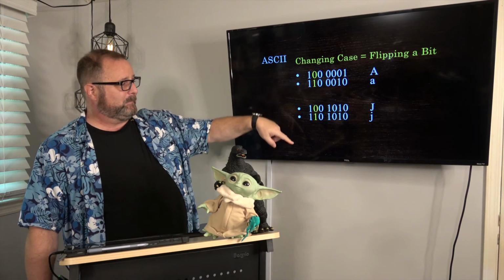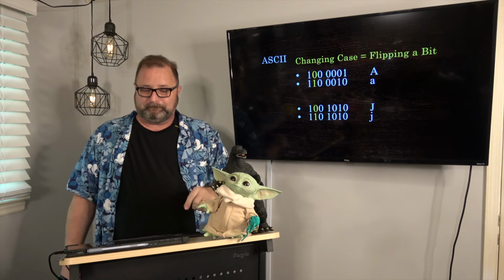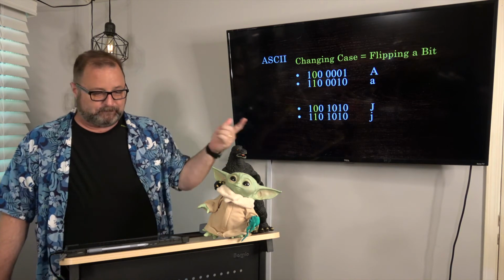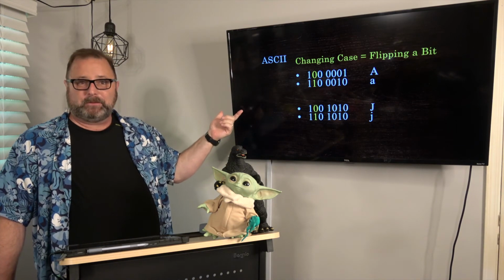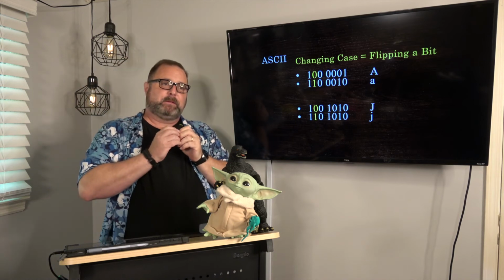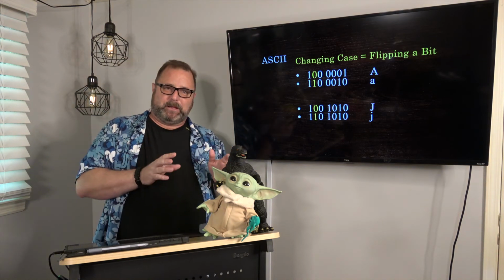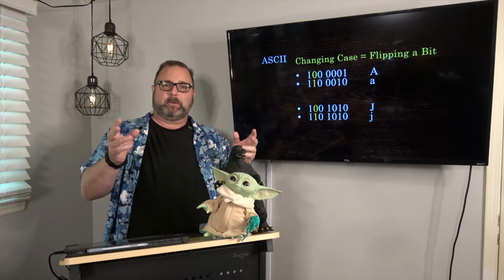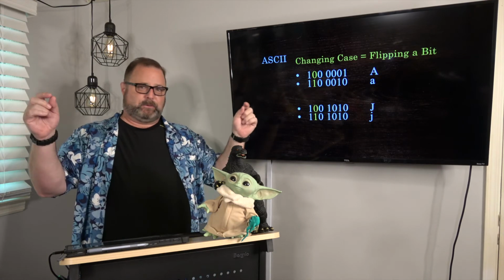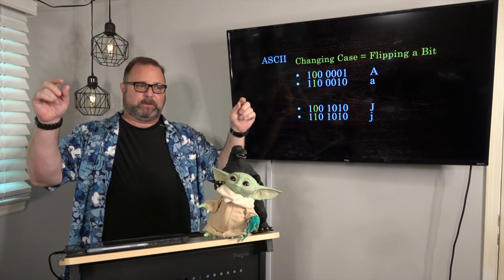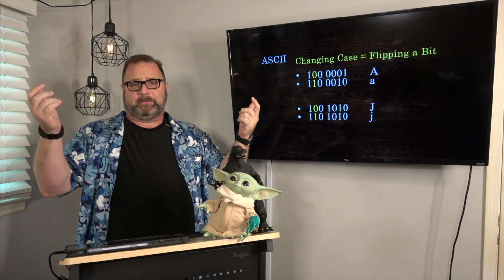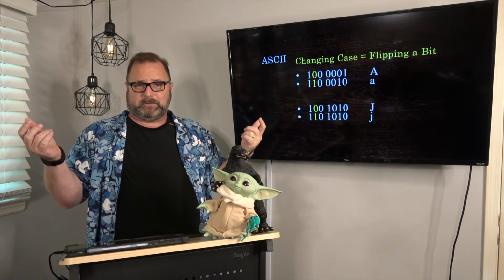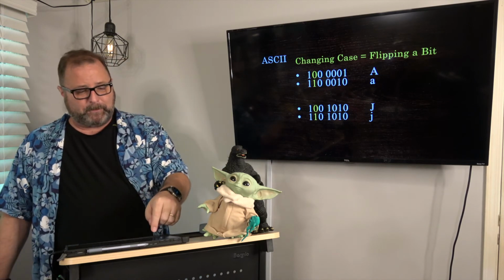So, yeah, you just flip the 32-bit and you get upper to lowercase. So the methods in an upper level language that are called string manipulation, to upper or to lower, where it takes a string of letters, makes it all uppercase or makes it lowercase, that's a very fast routine. It's not very hard. Okay?